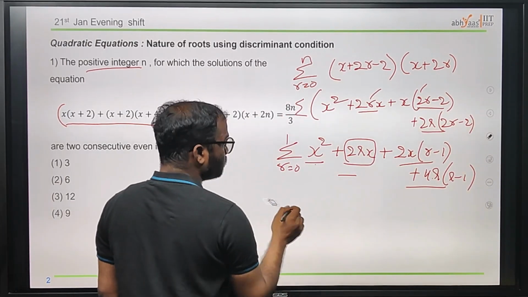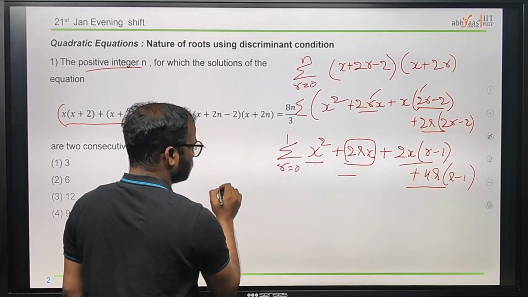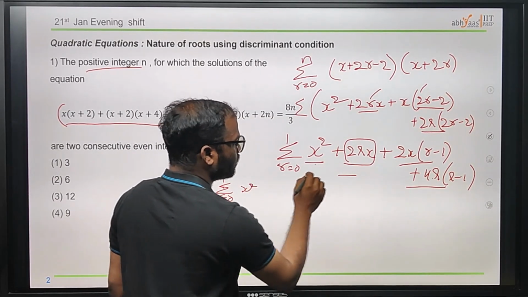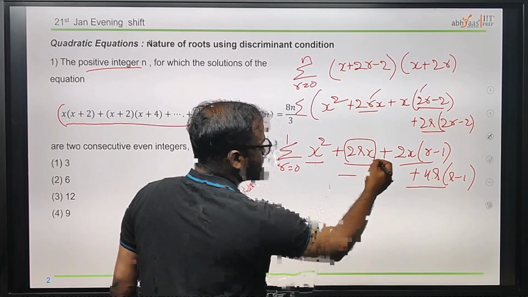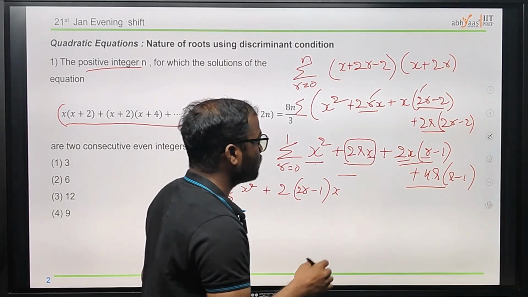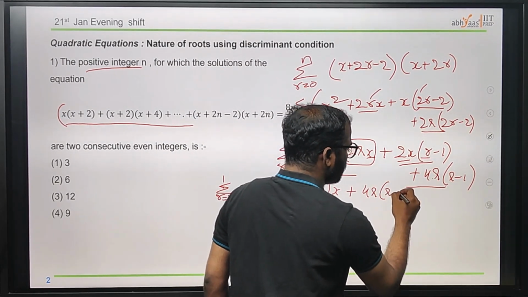We have summation r equal to 0 to n of x square. And we have x here, so we take x as common here. Now we have another one, which is 4r into r minus 1.